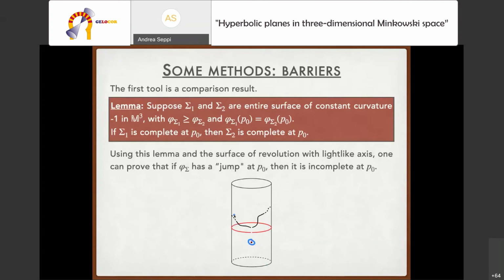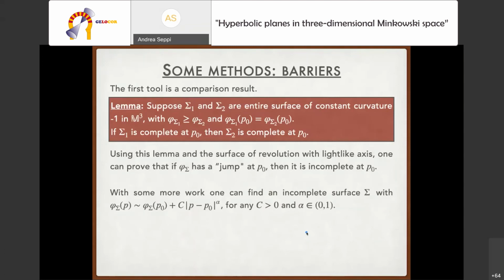Suppose we have 2 surfaces for which the null support function agree at this point, and the black one has a jump. Then you can use this one, which is the parabolic invariant surface, which is incomplete, as a barrier, and deduce that also this blue one is incomplete. That's pretty easy, and that's how our incompleteness criterion goes.